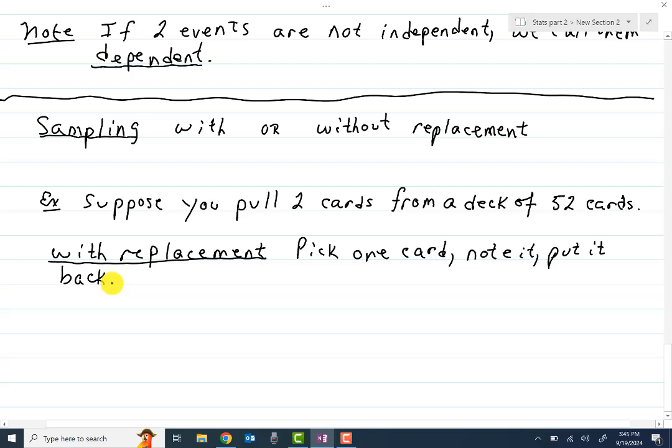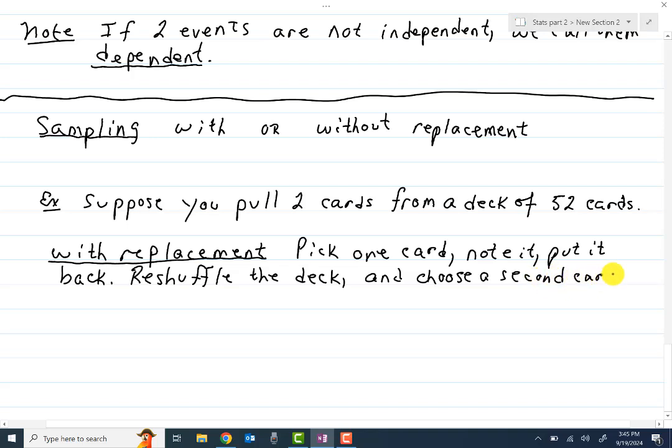So now the deck is returned to its former 52 cards. Reshuffle the deck, and choose a second card. What happens here with the replacement, since I put the first card back and shuffled, is that I still have 52 cards from which to pull the second card.